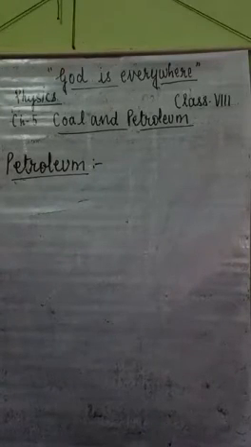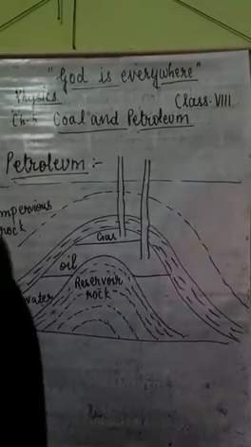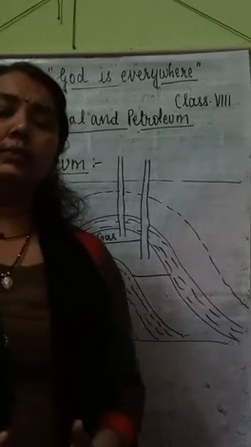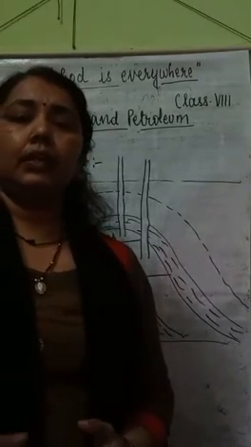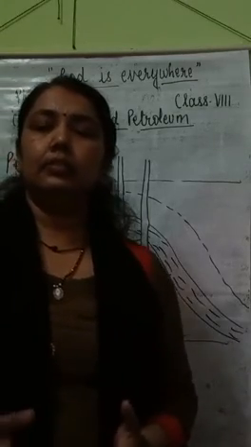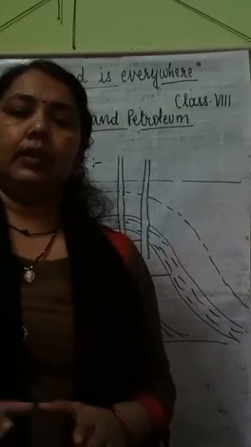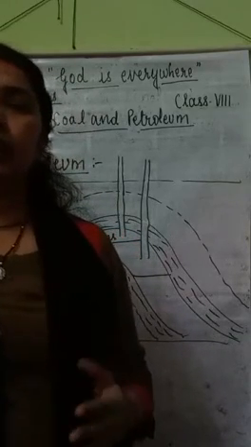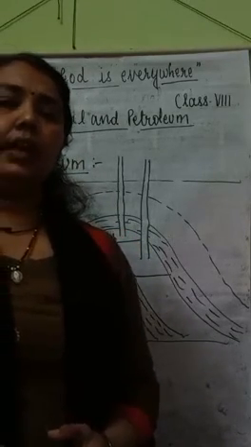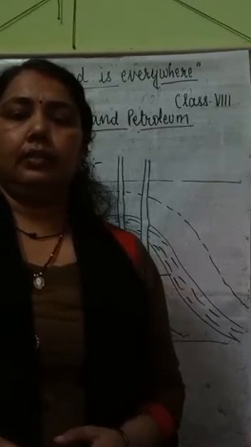Let's see how petroleum is formed. Petroleum is formed from the organisms living in the sea. As these organisms died, they sank to the bottom of the sea and got buried with clay and soil.